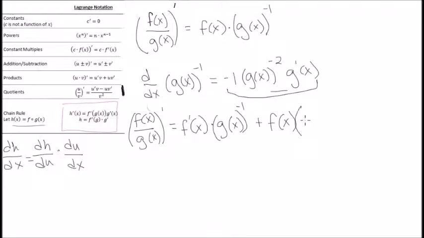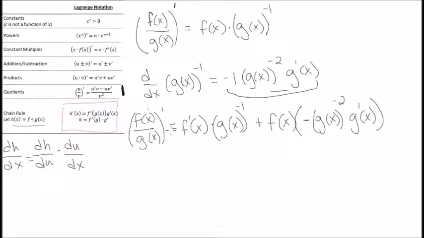So that would be times negative g of x to the negative 2 times the derivative of g.